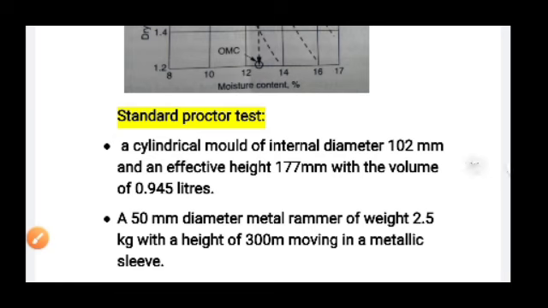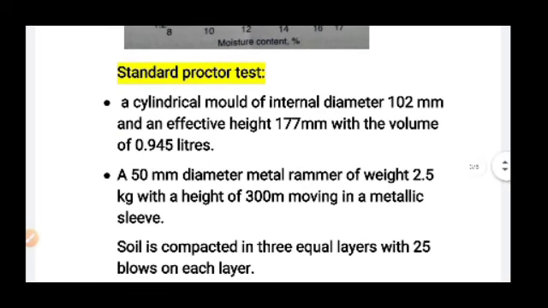Standard Proctor test: a cylindrical mold of internal diameter 102 mm and an effective height of 177 mm, with a volume of 0.945 liters, is used.